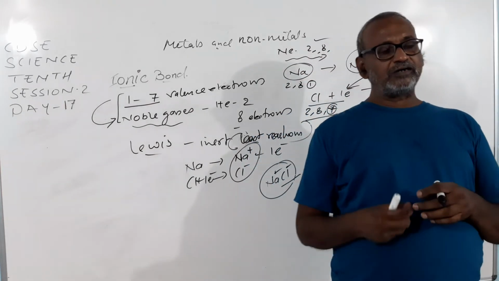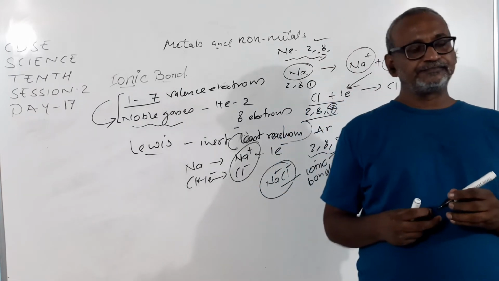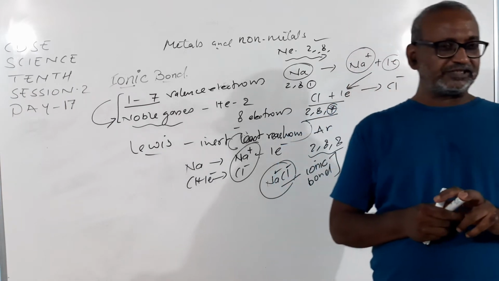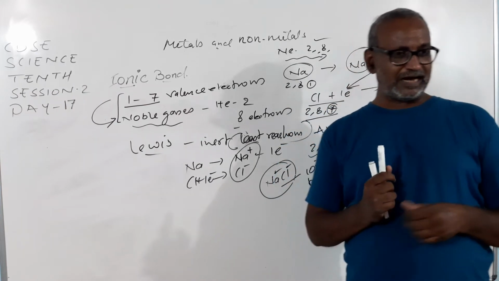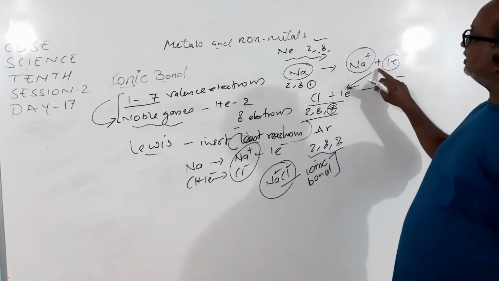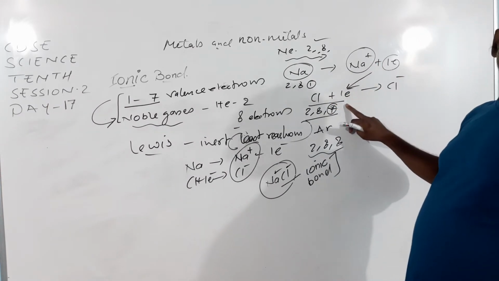What is an ionic bond? An ionic bond is a chemical bond which is formed between two atoms. How? By the transfer of electron from one atom to another atom.